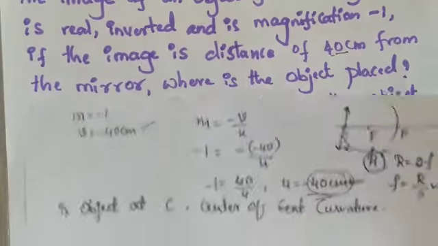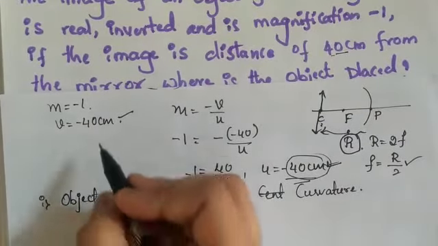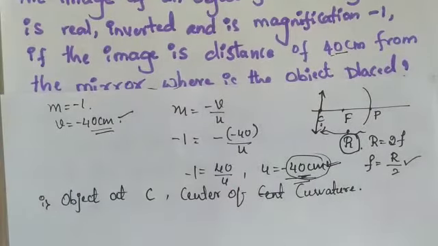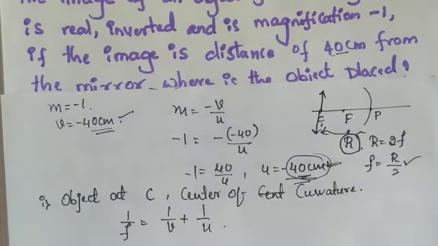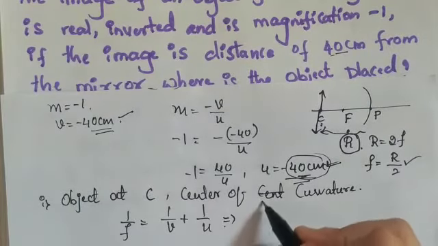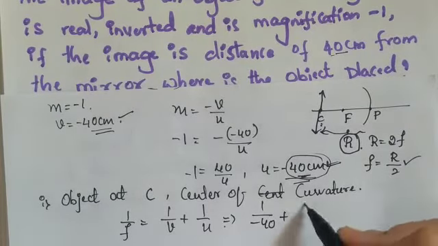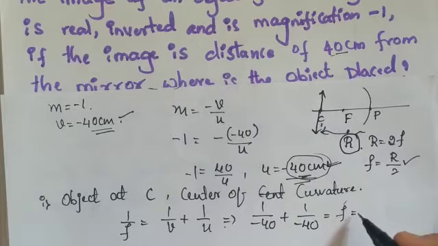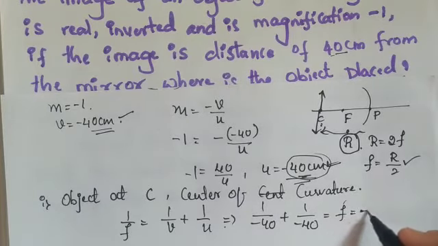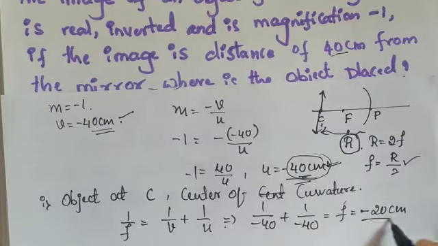Another way, you know the V value and you know the U value, so by the mirror formula 1 by F is equal to 1 by V plus 1 by U. You can use 1 by minus 40 plus 1 by minus 40, and you will get the focal length as minus 20 centimeter, isn't it?